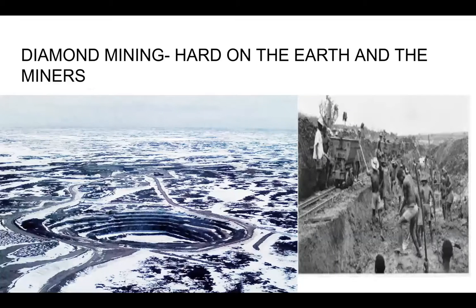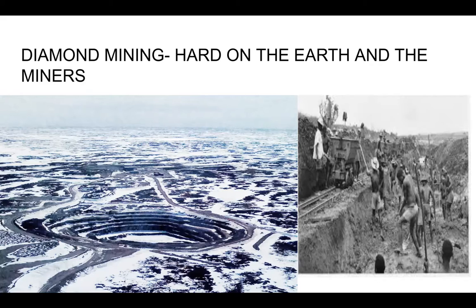Now, diamond mining. We all like gemstones, we all like earrings and rings, but we have to make sure that the gems, whether it's diamond or tourmaline or opal, whatever type comes out of the ground, that it doesn't damage the earth and it doesn't damage the miners.